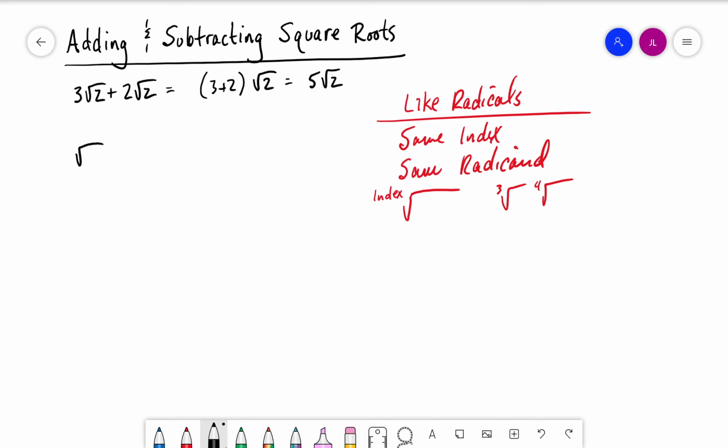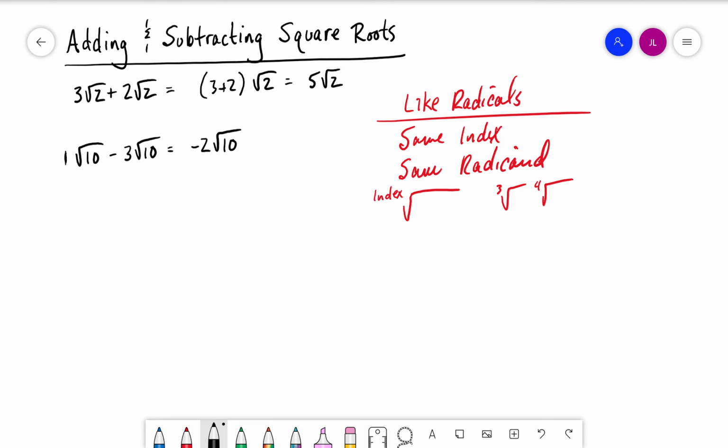Let's say we had the square root of 10 minus 3 times the square root of 10. Well, again, nothing in front is the same as saying 1. So 1 minus 3 is negative 2 times the square root of 10. It's that simple.